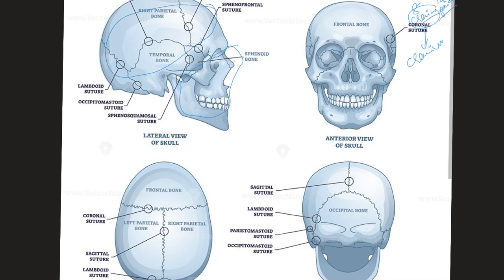Now let me explain all the parts of the skull as well as the sutures of the skull. To tell you in simple terms, we have two individual bones, and we have two pairs of bones.